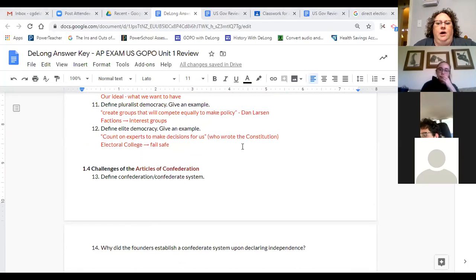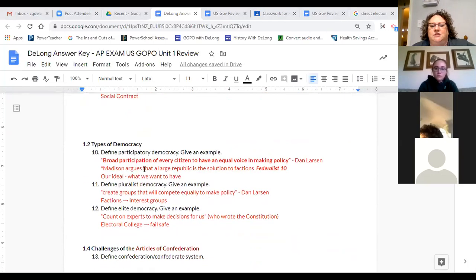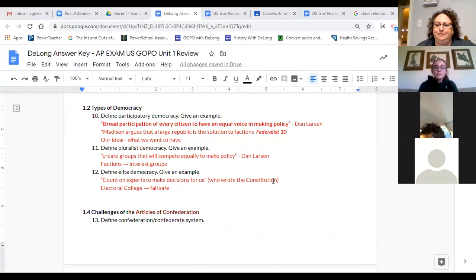Okay, so Sydney, we just covered the Declaration of Independence, and I've been taping everything, so I'll put it on there. You're coming in after we've been going for about 20 minutes. We went through all the different parts of the Declaration of Independence, and then we spent a little bit of time discussing democracy and how participatory is the ideal, but elite is probably more of what was really set up to begin with, just a small group participating.